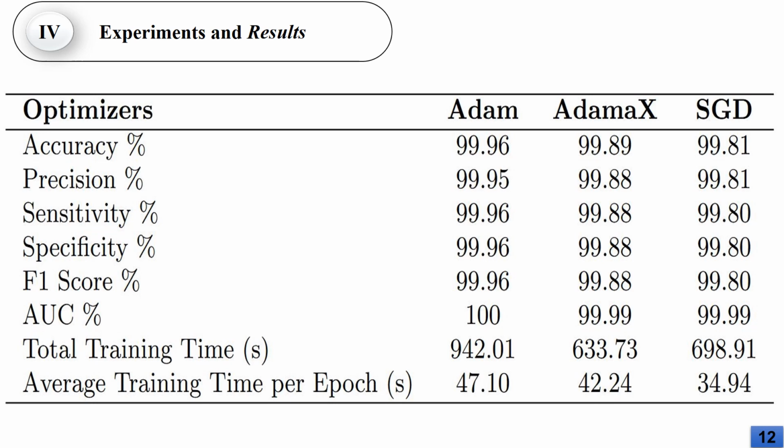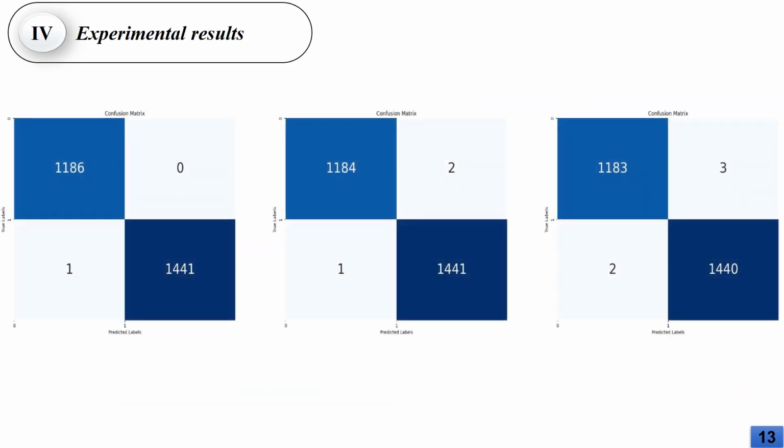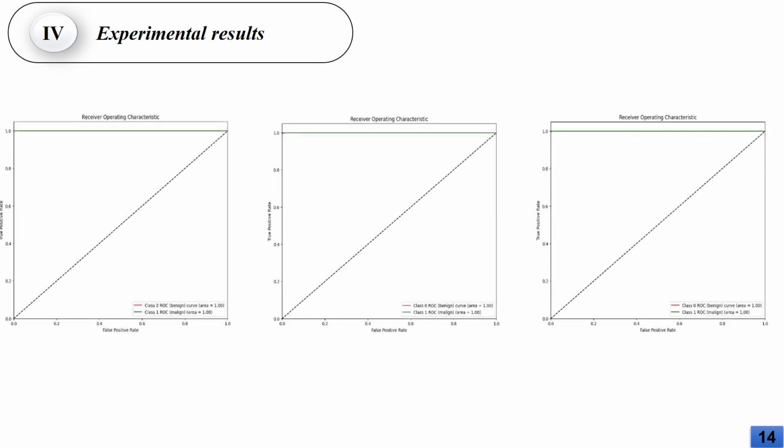So we see the best accuracy in the Adam optimizer, and the best training time for the AdamX optimizer. Now we see the confusion matrix for each optimizer, Adam, AdamX, SGD. And now the ROC curve also for each optimizer.